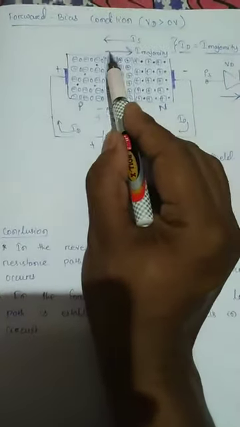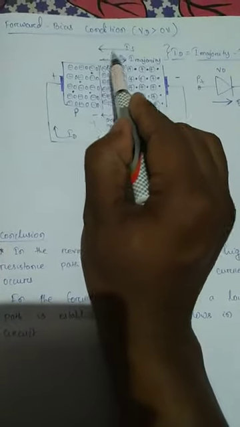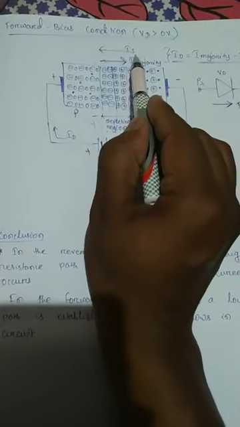However, the flow of the minority carriers will not change. As we discussed earlier, the minority carrier flow will not change. The current due to the minority carriers is shown in this direction by the arrow mark, that is the reverse saturation current Is.